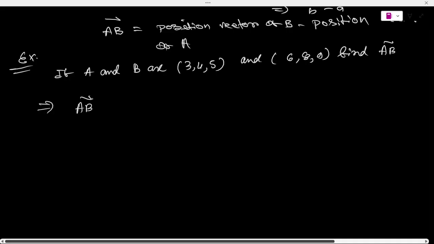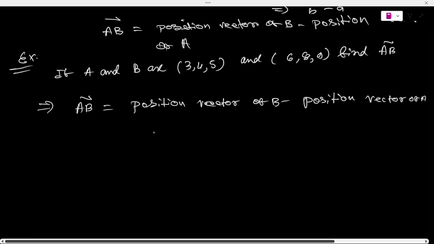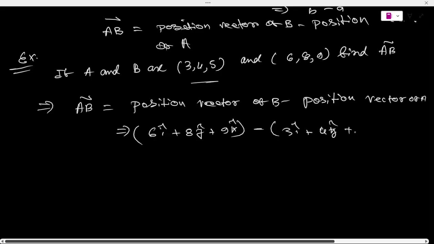So AB will be the position vector of B minus the position vector of A. Position vector of B is 6 i cap plus 8 j cap plus 9 k cap, minus the position vector of A, that is 3 i cap plus 4 j cap plus 5 k cap.